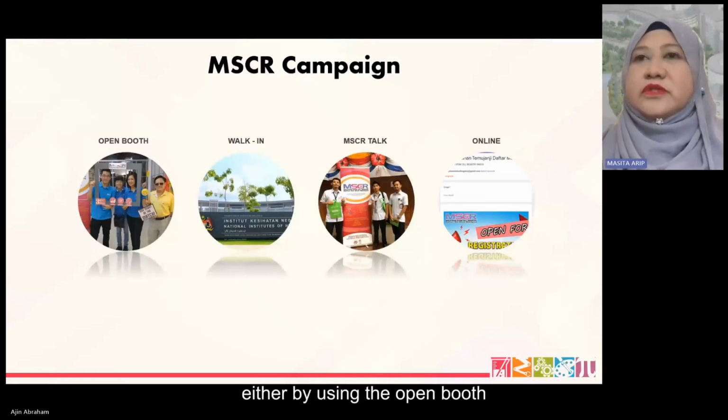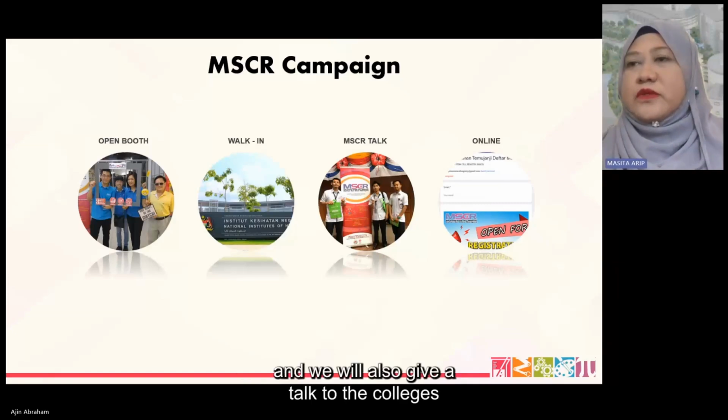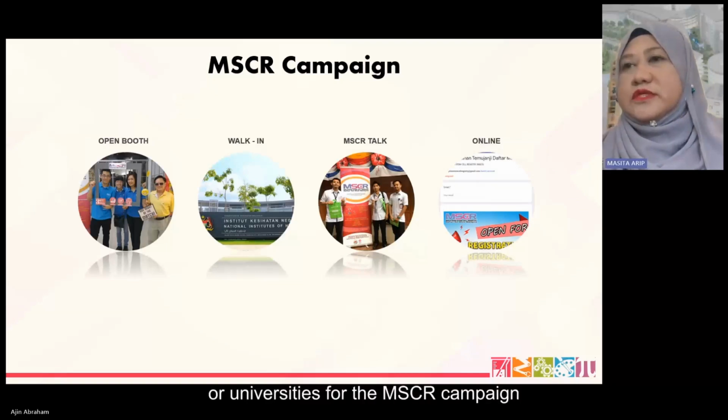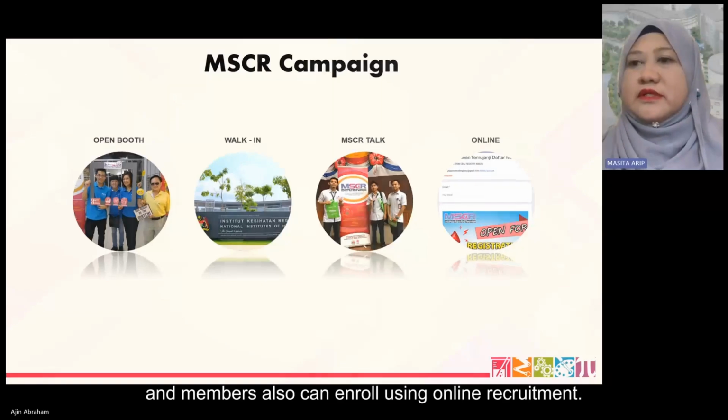Members can be recruited at an open booth, or volunteers can walk into our institute. We also give talks to colleges or universities for the MSCR campaign, and members can also enroll through online recruitment.